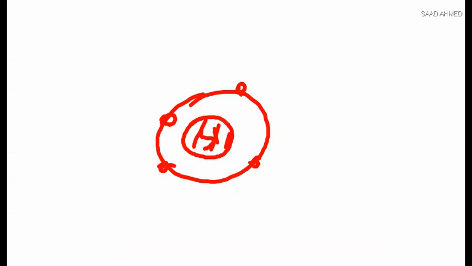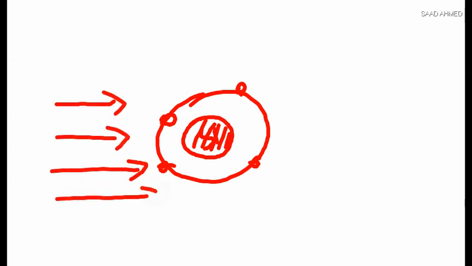Let's see, this is a silicon atom, and these four electrons are shown here in the valence orbit. Due to any kind of pressure applied on this atom, there is a possibility that any one of these electrons may be dislodged from this orbit and move further.